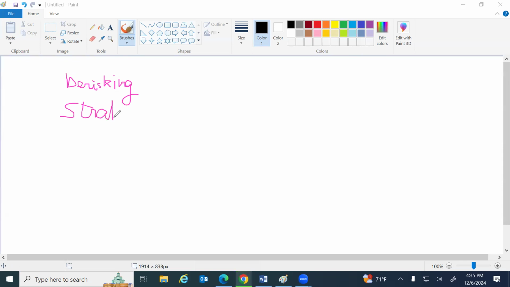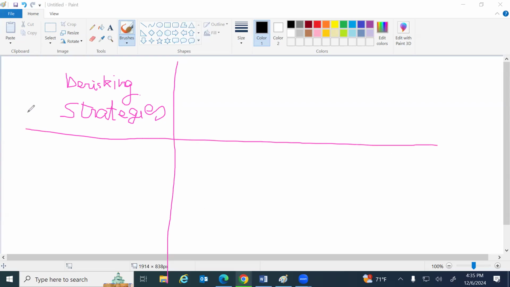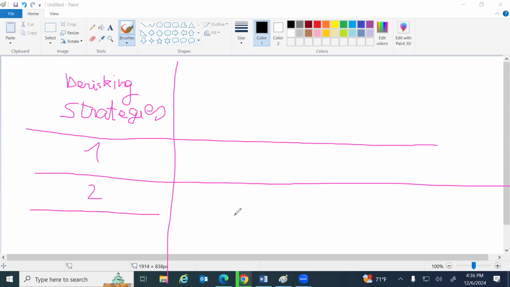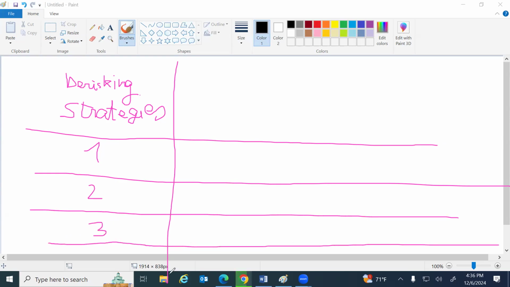What are the most important factors that can reduce risks? Okay, and then I consider, for example, the most important, let's say, 4 strategies. So number 1, number 2, 3, and 4.